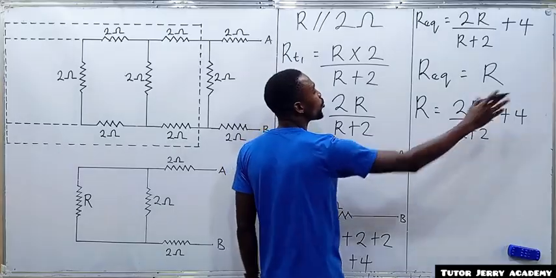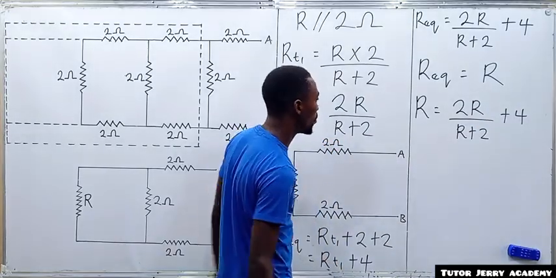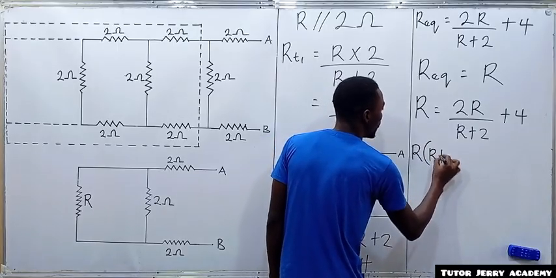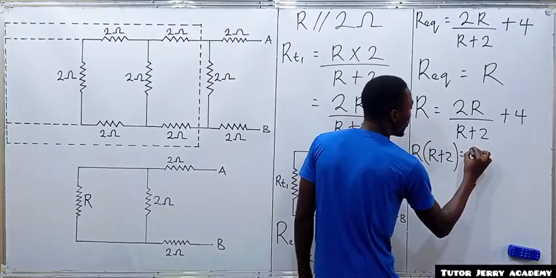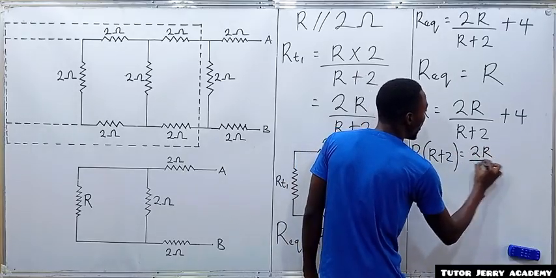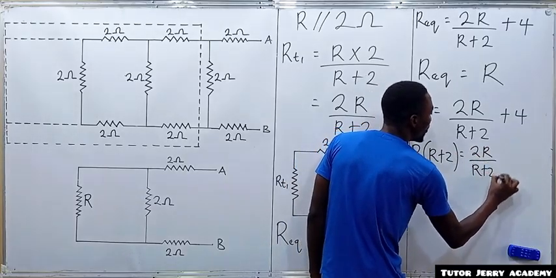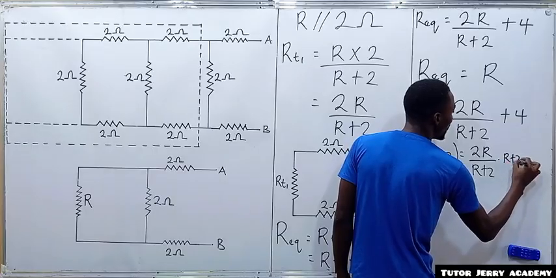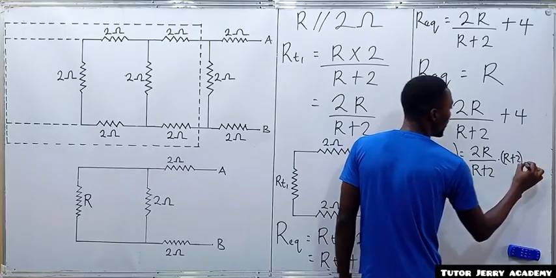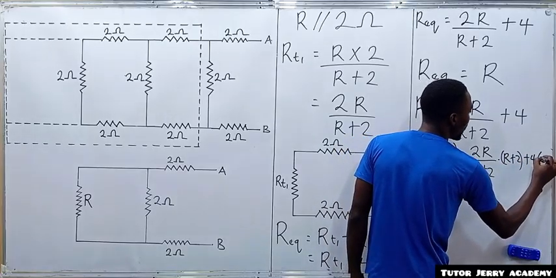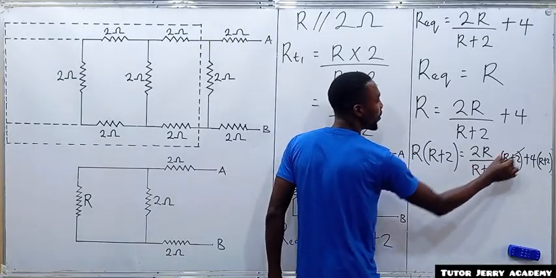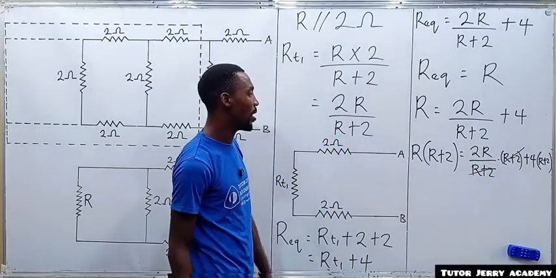So if we multiply through by R plus 2, we are going to have R into R plus 2 equals 2R all over R plus 2 multiplied by R plus 2, then plus 4 into R plus 2. I hope you understand. So this R plus 2 here will cancel with this R plus 2.